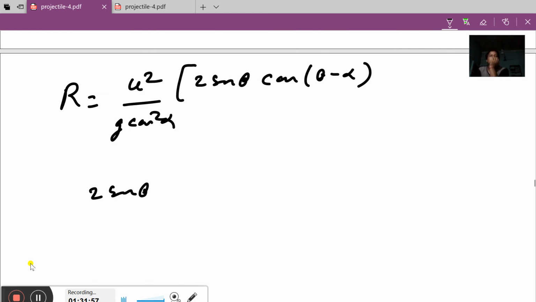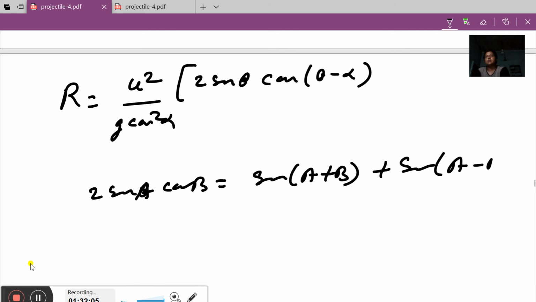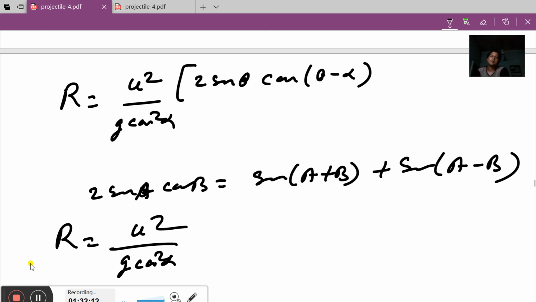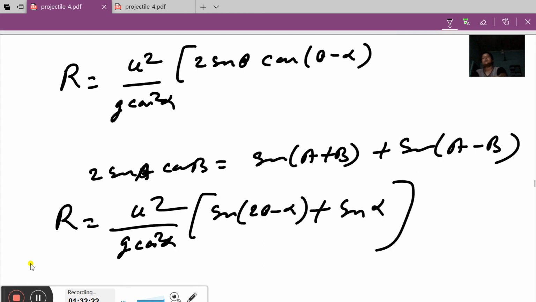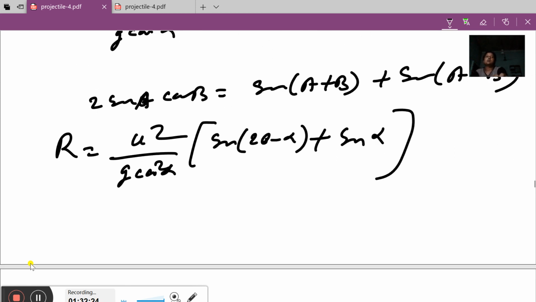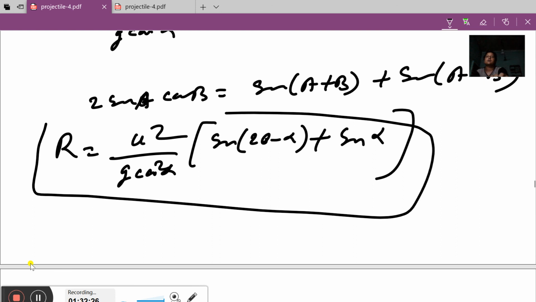Using 2 sin A cos B equals sin A plus B plus sin A minus B, this formula is applicable. So R is u square over g cos square alpha into sin A plus B plus sin A minus B. So this is another form of range.